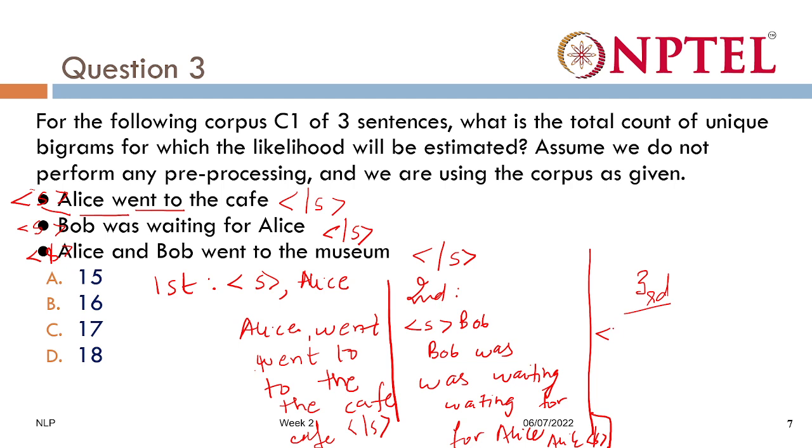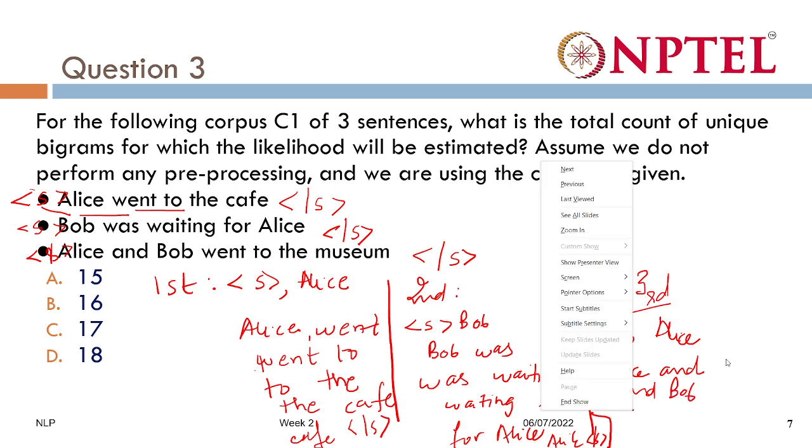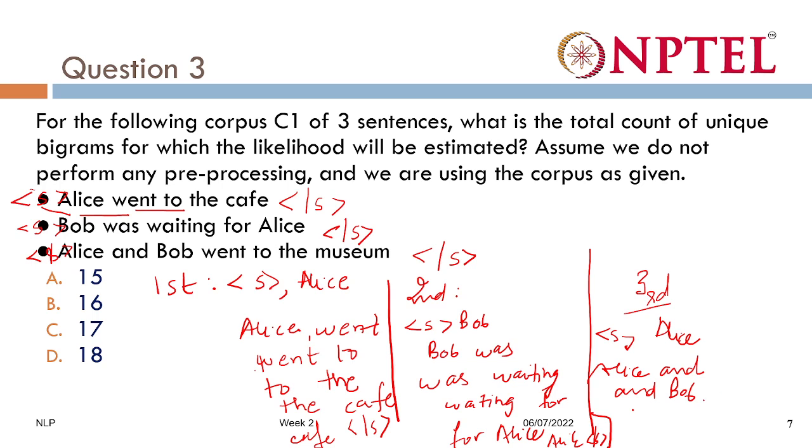Then in the third sentence, we have the start of the sentence token and Alice, then Alice and Bob. See, we are sliding the window. We cannot say we have considered Alice and now it will be Bob went. Alice and Bob will also be there.